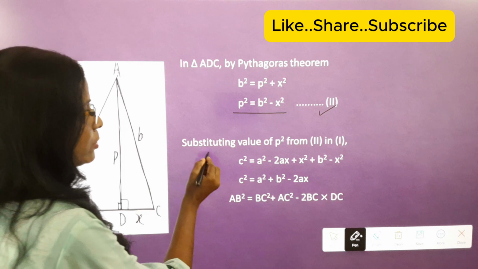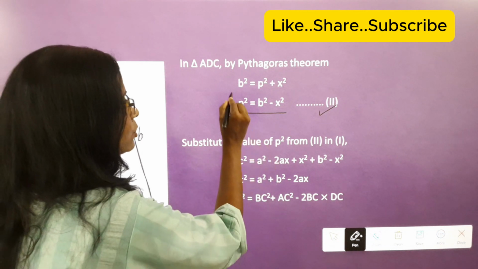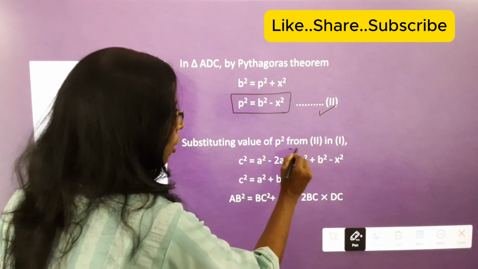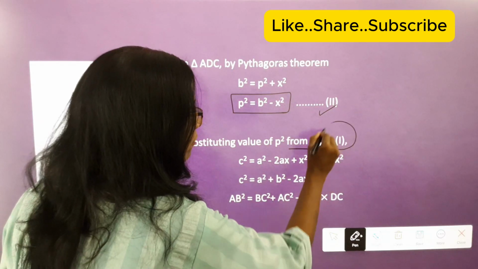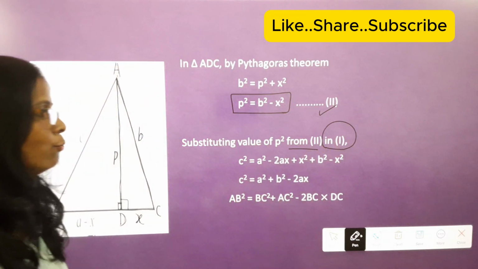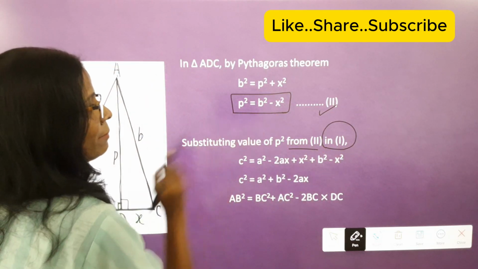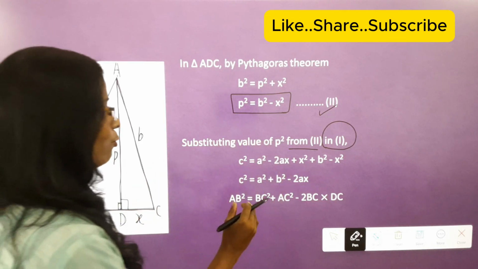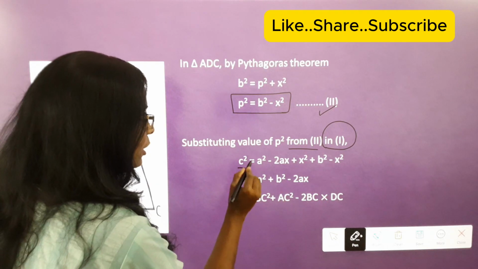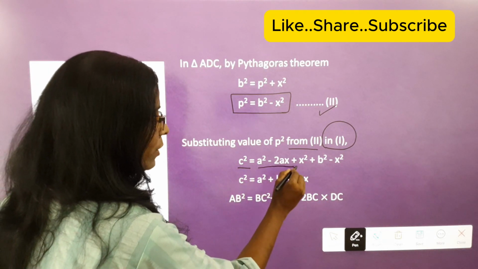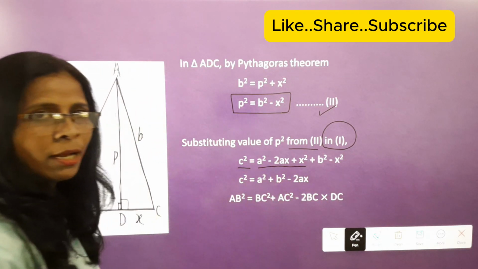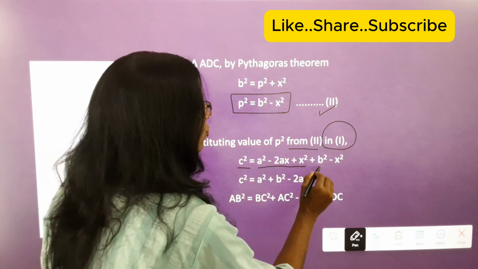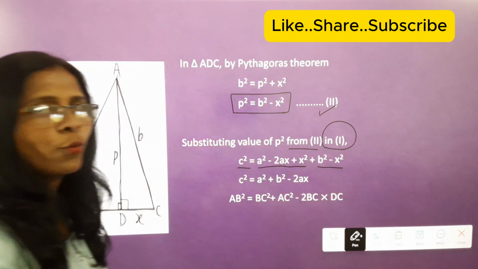Now we have the first and second equation. So now substituting the value of p square from equation 2 in equation 1, we substitute this b square minus x square in equation 1. So now c square is equal to a square minus 2ax plus x square plus b square minus x square.